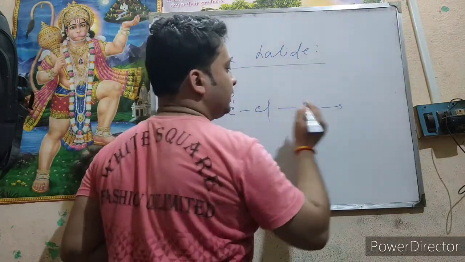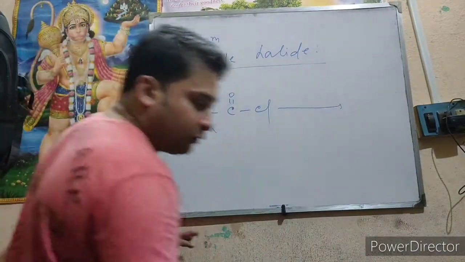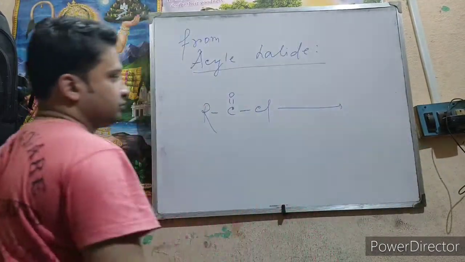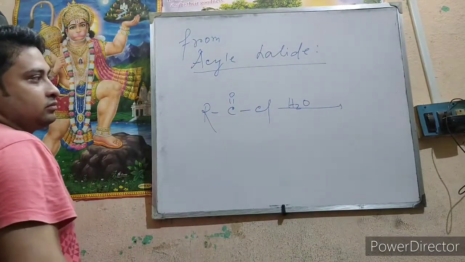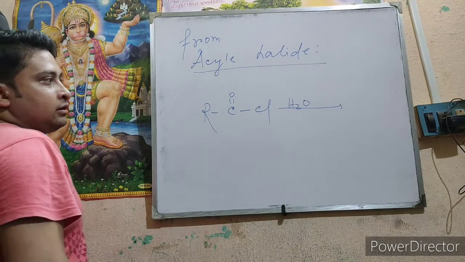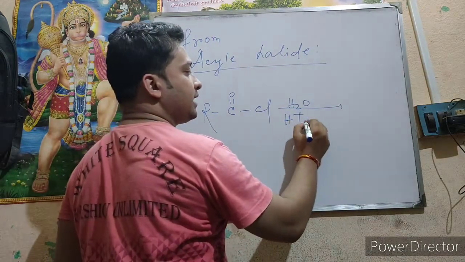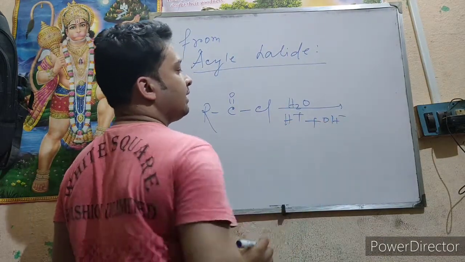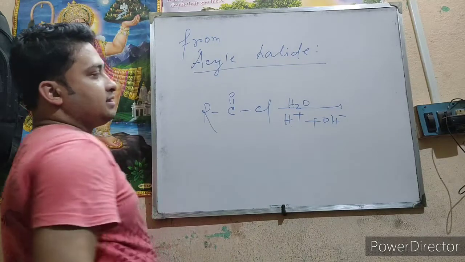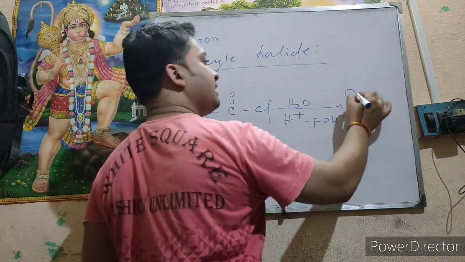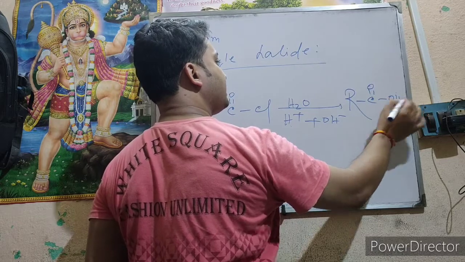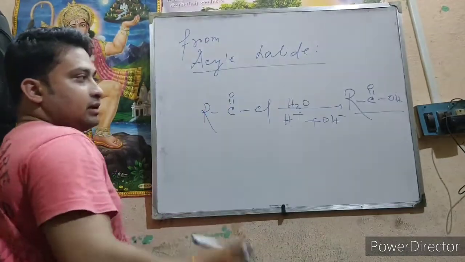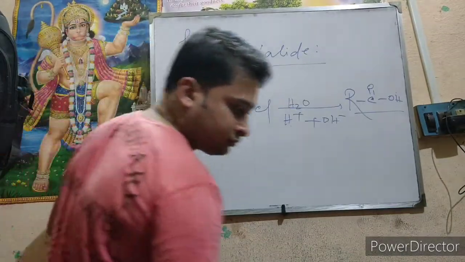So if you have this, you just hydrolyze it. H2O gives you H plus and OH minus, and H plus and Cl minus are removed from here, so the product is RCOOH. That is a simple method.